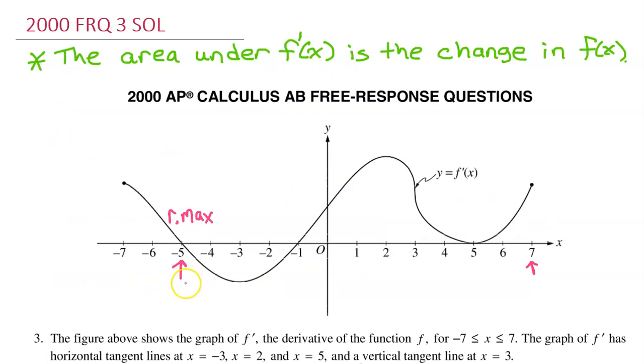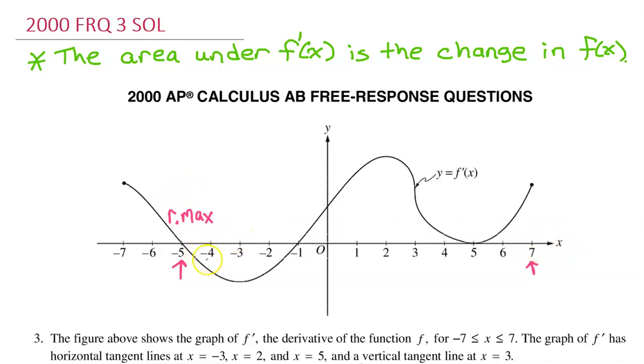So now we are down to the last two candidates for the location of the absolute maximum, -5 and +7. We have to figure out if f of x is greater at -5 or will it be greater at 7.